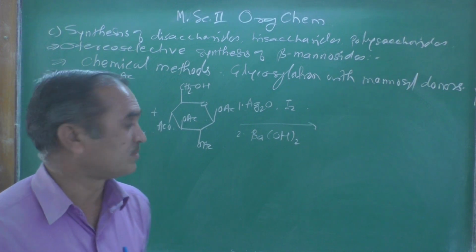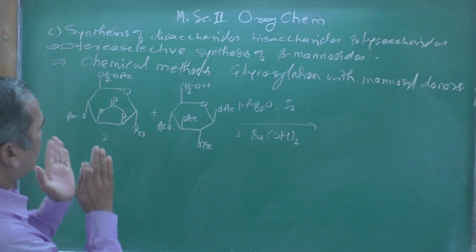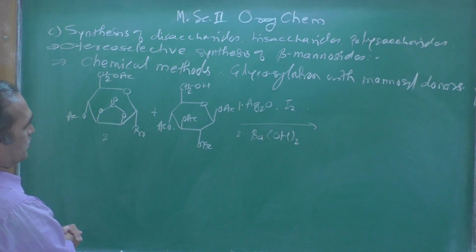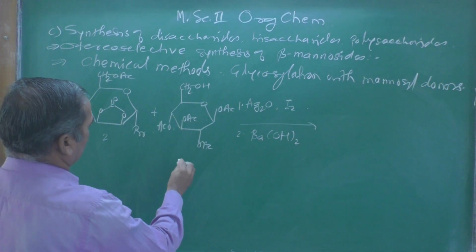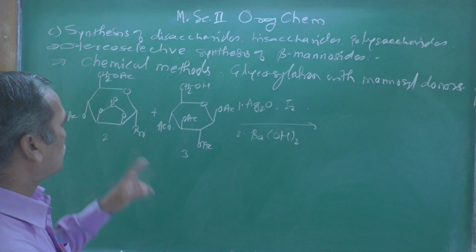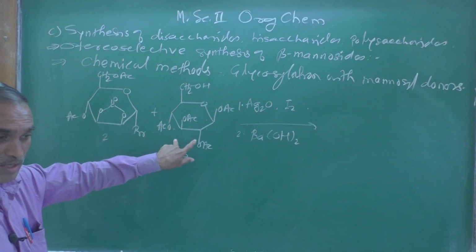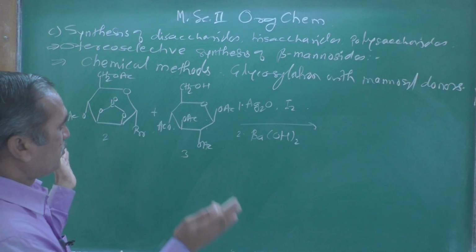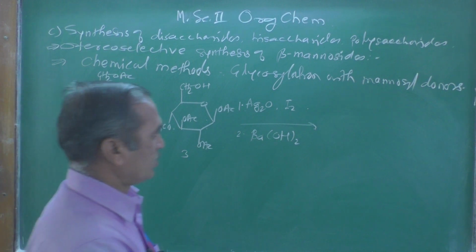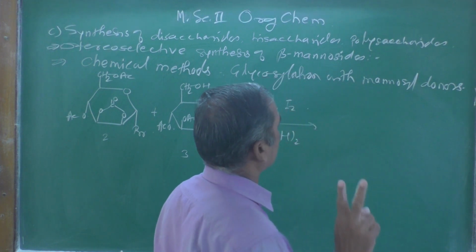Now remember, this is one of the sugar units, this is another sugar unit, two single monosaccharides combined together. When they combine together, you are going to get a two sugar unit, meaning a disaccharide.